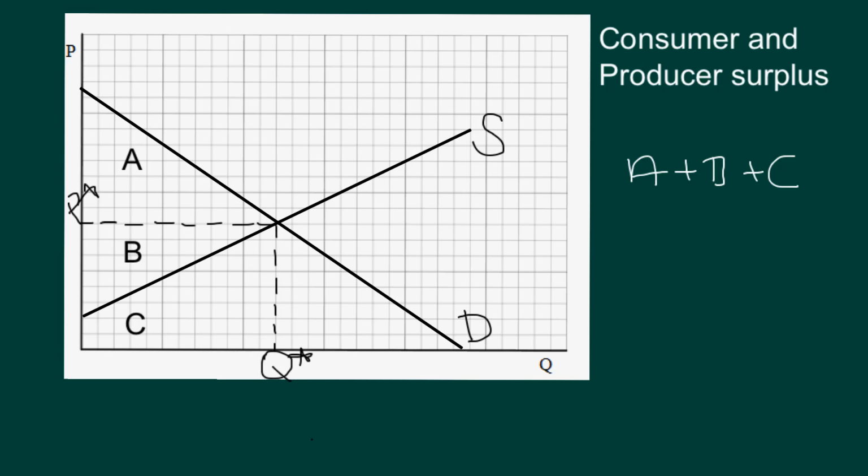Now, they don't get it for free. If they did, the entire consumer surplus would be the value because they're not having to pay anything. But in the real world, you have to pay for stuff that you want. So how much does a consumer pay? Well, they're going to pay P dollars for each unit they buy, which is the Q star.